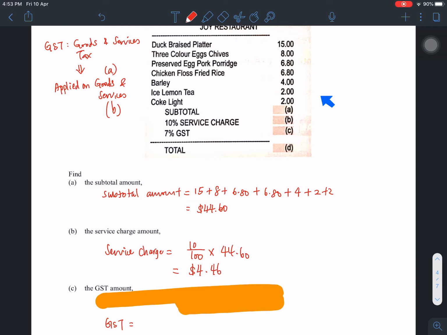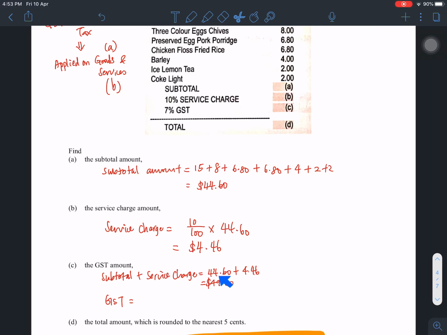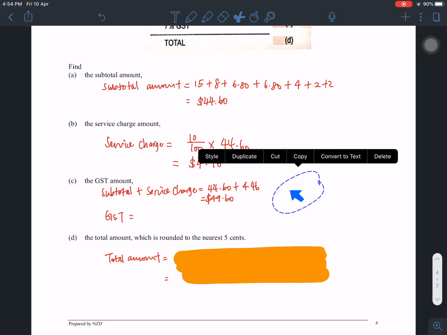So when we would like to find the GST, the first thing we need to do is simply to sum the subtotal amount and the service charge, and that gives us $49.60. Next, we would apply the GST of 7% to this sum. So how much would that be?